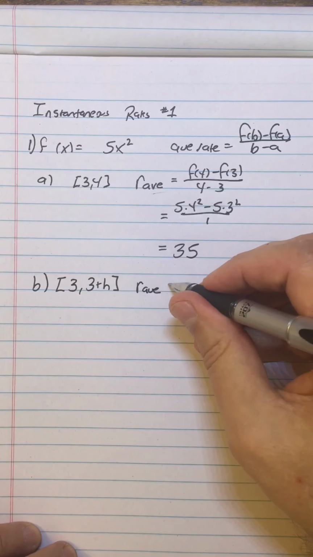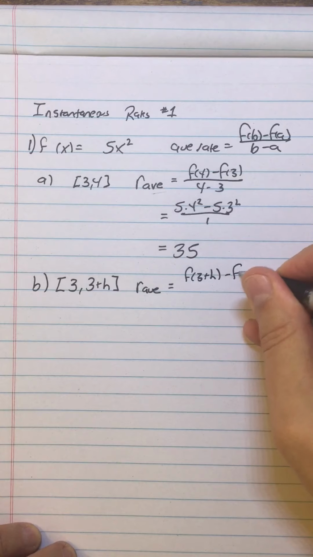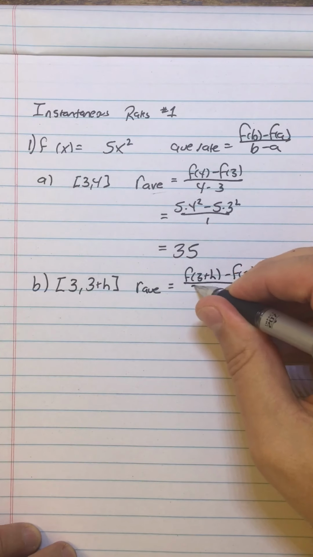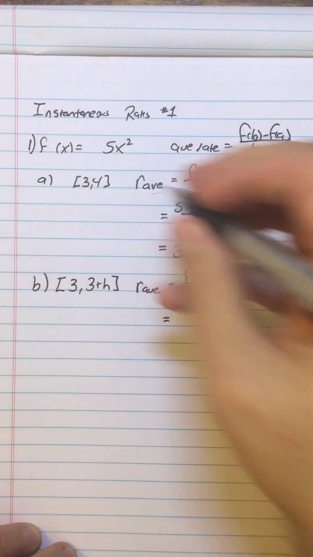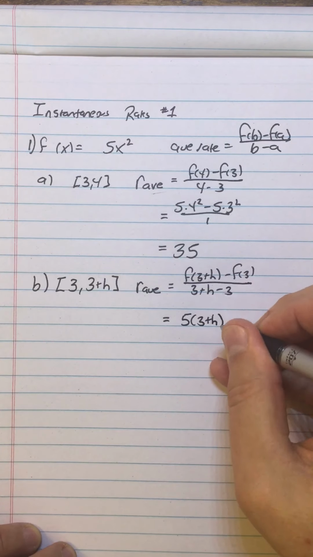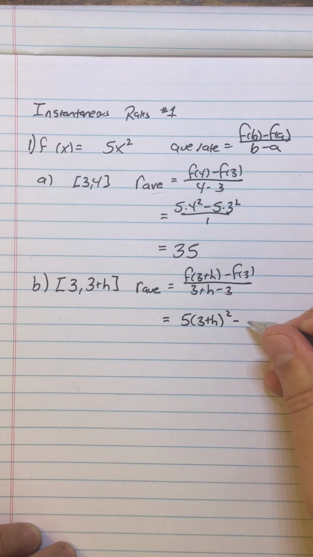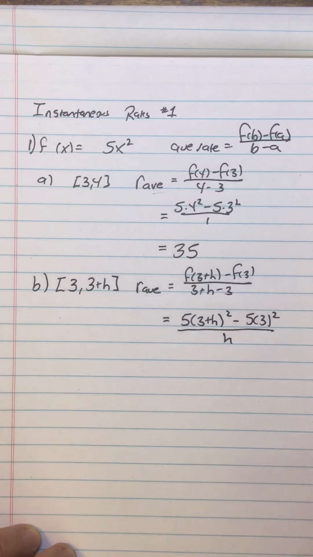So the average rate now is going to be f of 3 plus h minus f of 3 over 3 plus h minus 3. I'm being explicit about where everything comes from before I start simplifying it. Then I can say this is equal to 5 times (3 plus h) squared minus 5 times 3 squared, and then the denominator I can simplify and just say I have h.